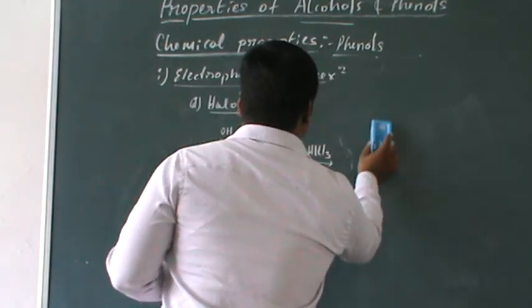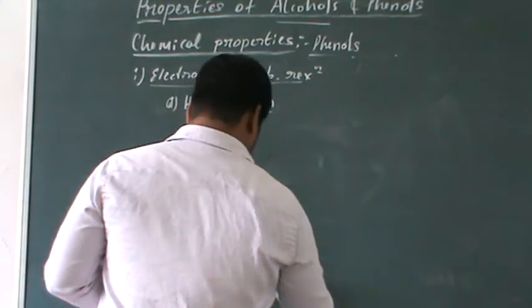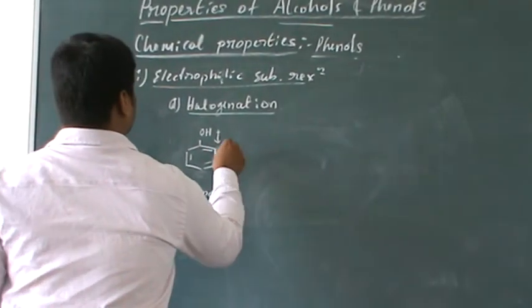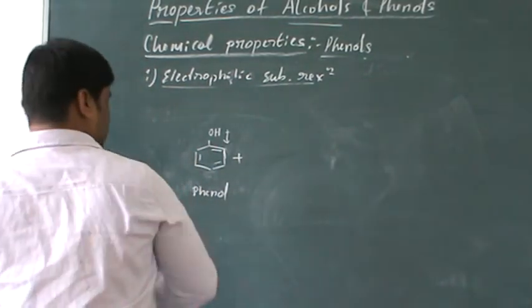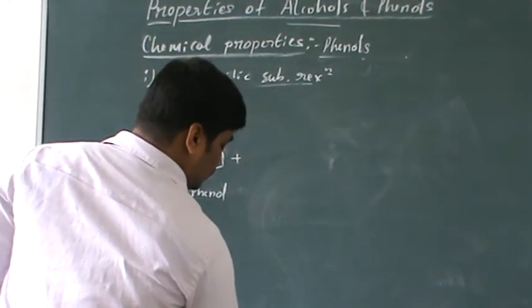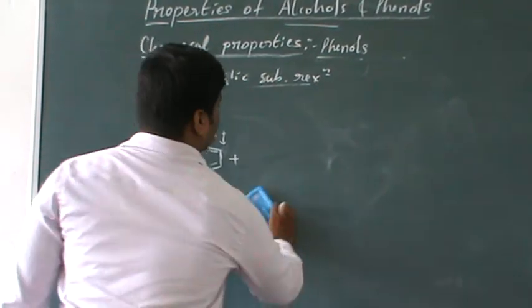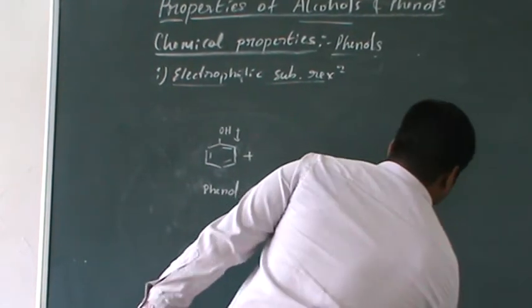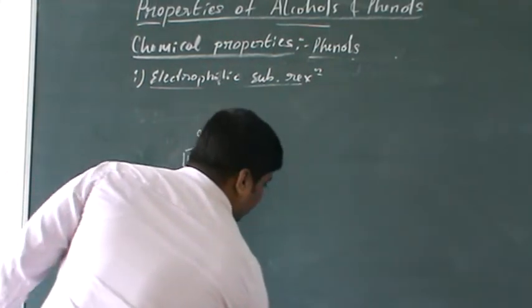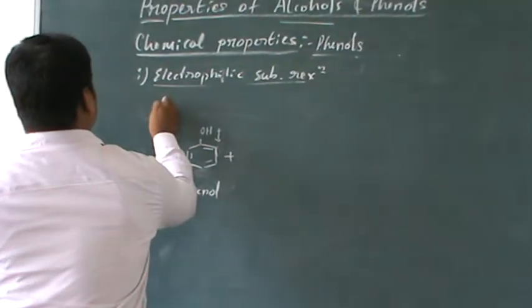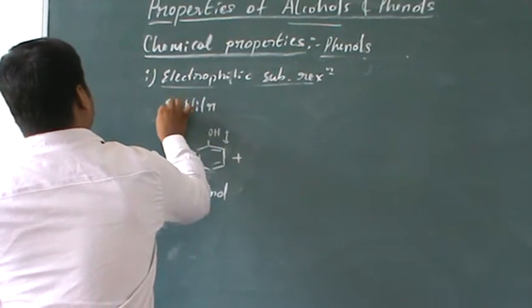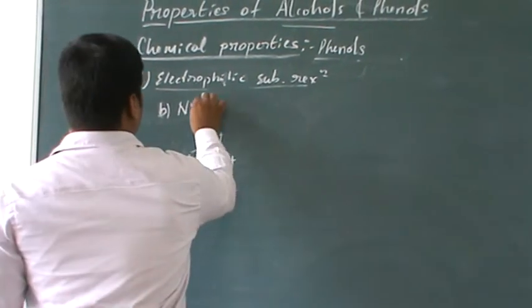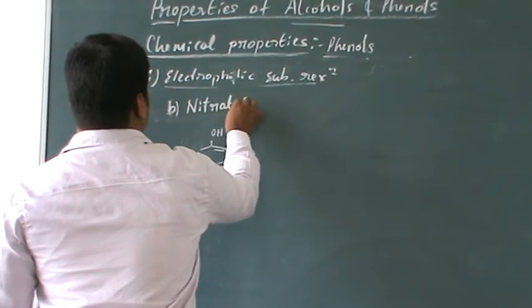Okay, another type of reaction. The second type of electrophilic substitution reaction is nitration of phenol. A is halogenation, B is nitration.